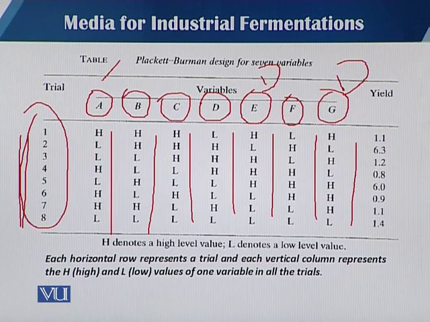For example, in one of the 8 cases, A, B, C are at the high value, D and F at the low value, and E and G, which are the dummy variables, are also designated by the high value. By this, we can set different conditions to run 8 different experiments, and we get the yield you can see in this column.